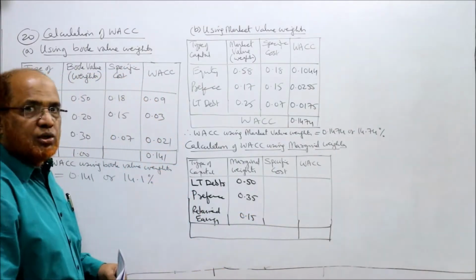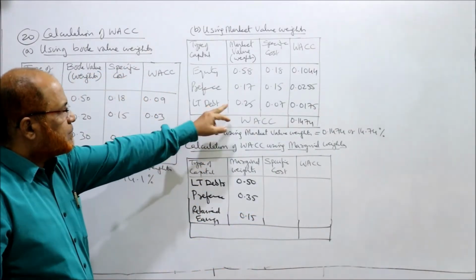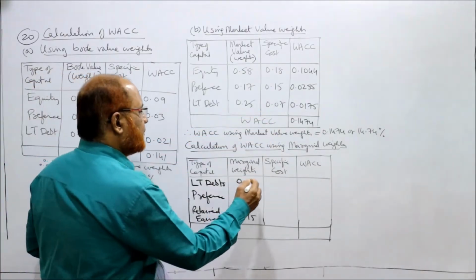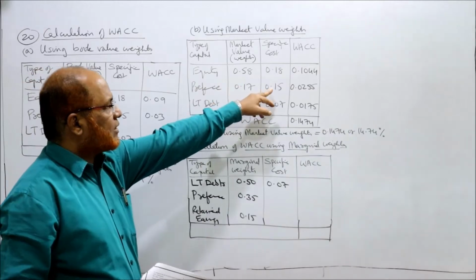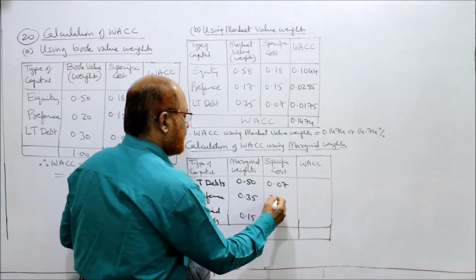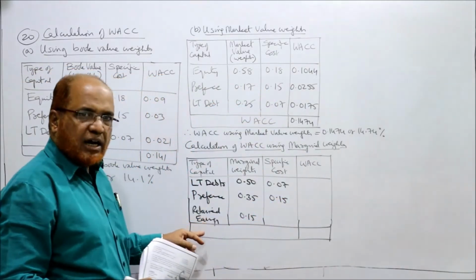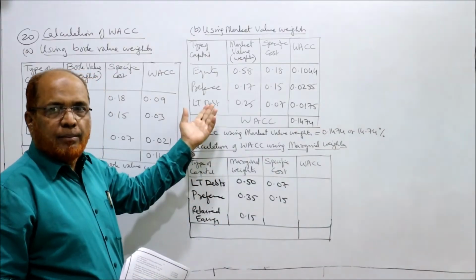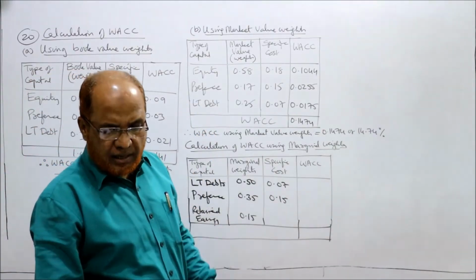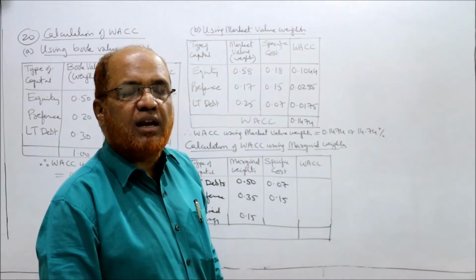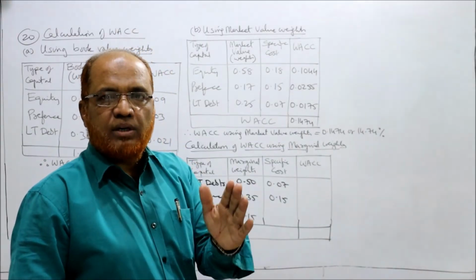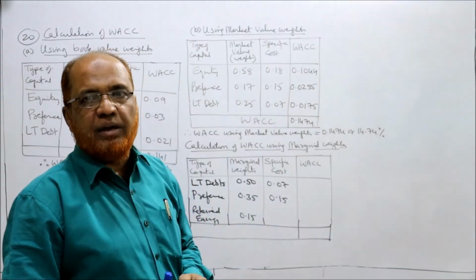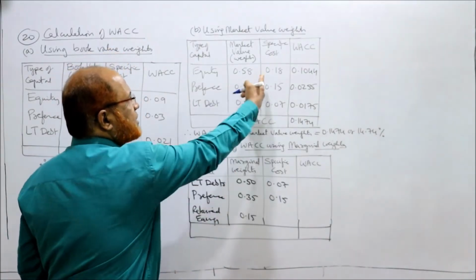Now specific cost. For long-term debt, the specific cost is 0.07. For preference, the specific cost is 0.15. And for retained earnings, it is not given. But remember, the specific cost of retained earnings will normally be equal to the cost of equity. So cost of equity is 0.18.